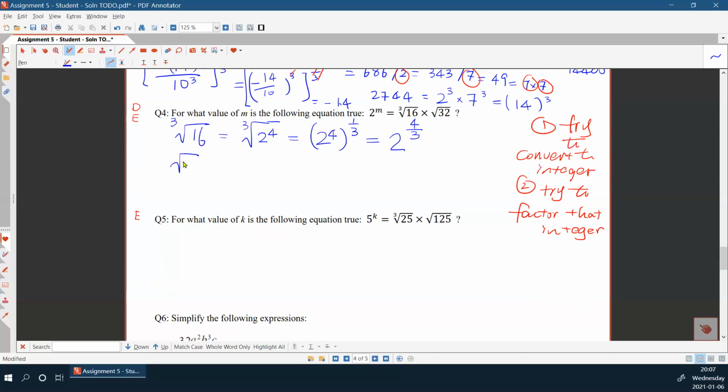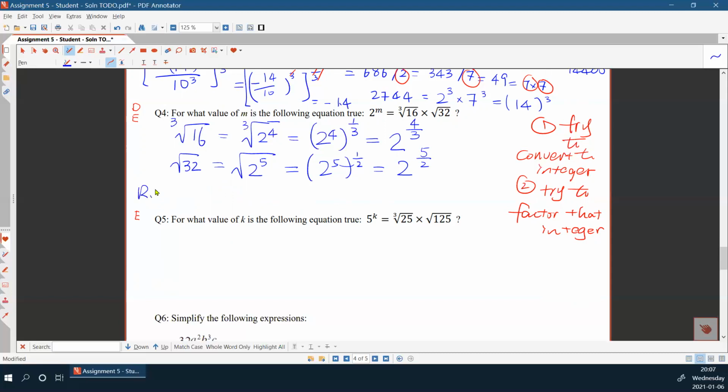Okay, second term, square root of 32. 32 is actually 2 to the 5th power, right? And then square root means 1 over 2 power, because the square root of something is actually something to the 1 over 2 power, right? Do you understand? Okay, so we can combine these two. That means 2 to the 5 over 2 power.